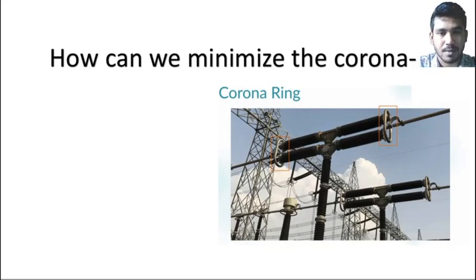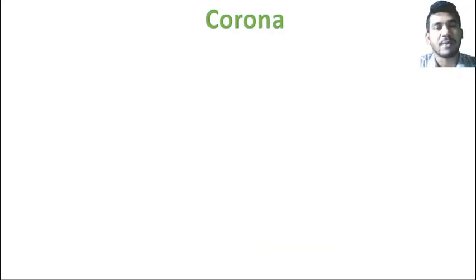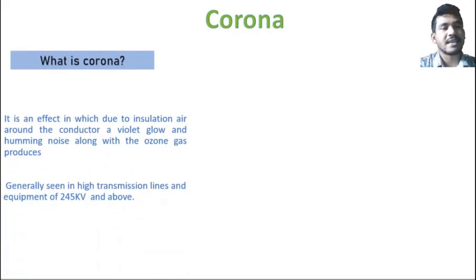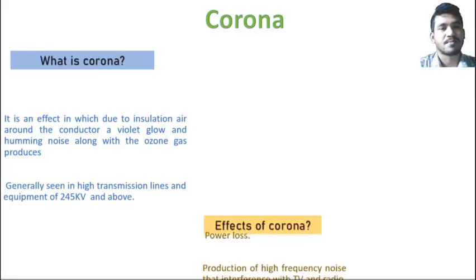So let's have a look at the summary of this lecture. What is corona? It is an effect in which, due to the insulation breakdown of air around the conductor, there is violet glow and humming noise, and ozone gas is produced. Generally seen in high transmission lines and equipment of 245 kilovolt and above.